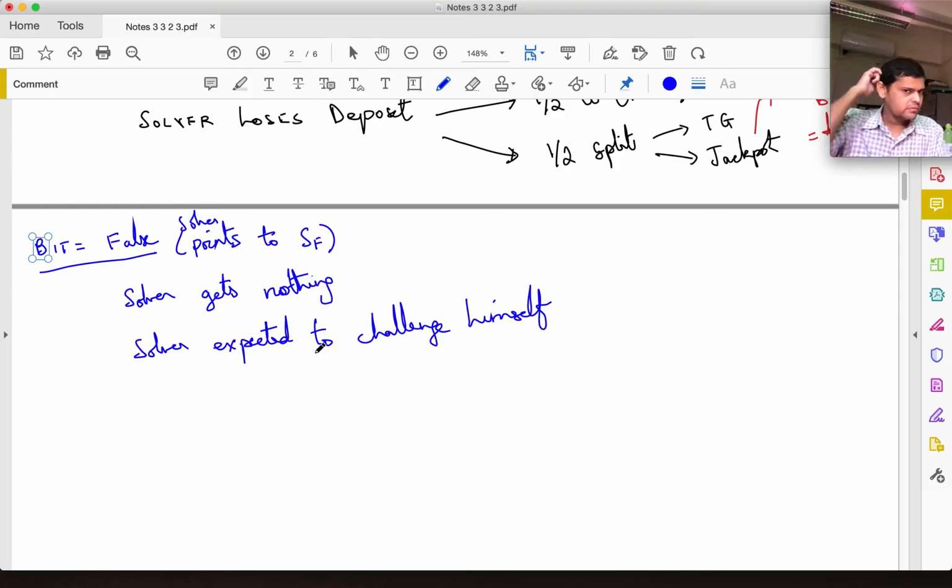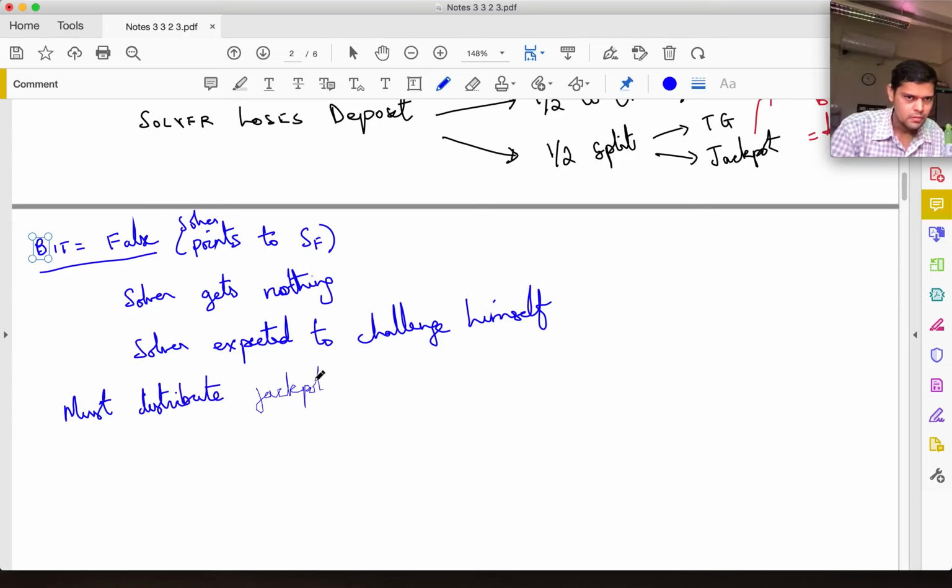Now what should we do with the other people? There are lots of other people who have challenged, and so what we are going to do is distribute the jackpot among them, among all the challengers.